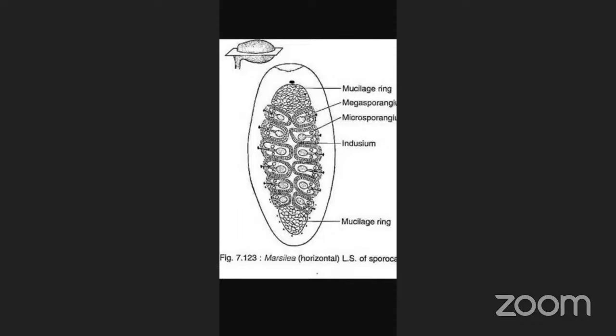On the higher side of the small stalk, two microsporangia are there, and the middle one is the megasporangium, one megasporangium. These are covered by an indusium.